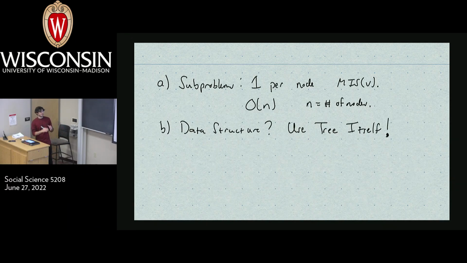You already have this space in your memory dedicated to the tree, so why waste more memory by making some other complicated data structure? So in particular, for each node, you're going to add an attribute, MIS, and this is going to be MIS of V. You could use an array or some kind of hash table that maps V to some unique element, but that's too complicated. We're just going to do the simplest thing, which is use the tree itself.